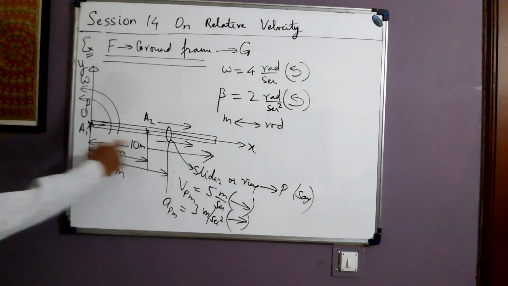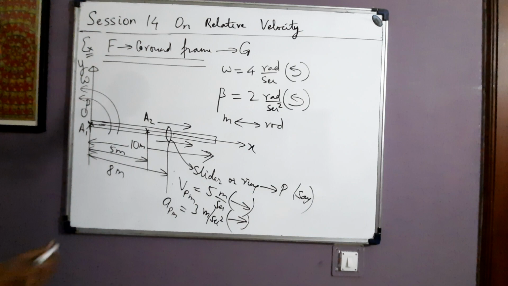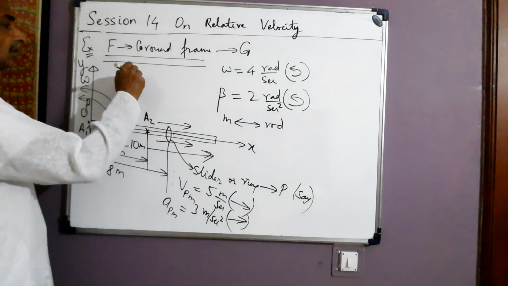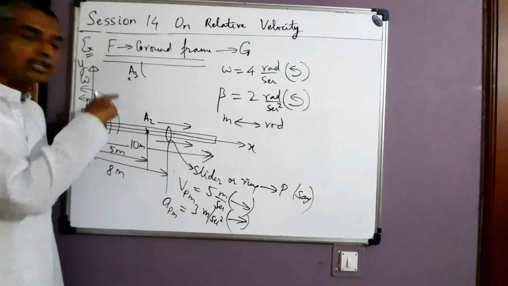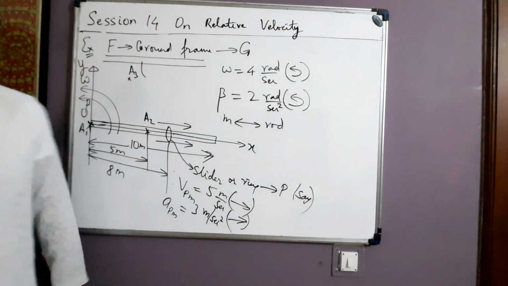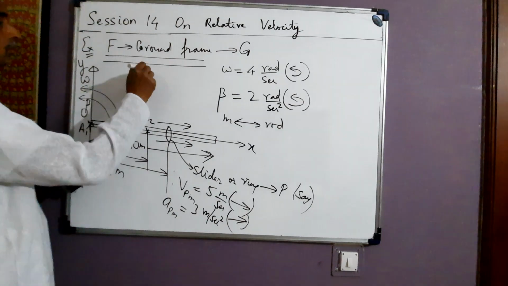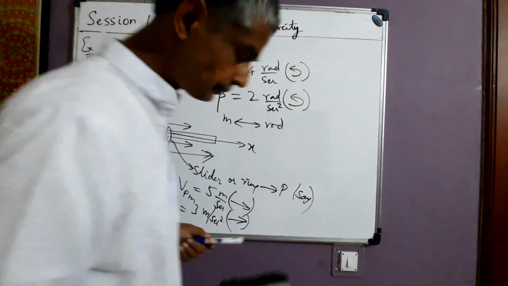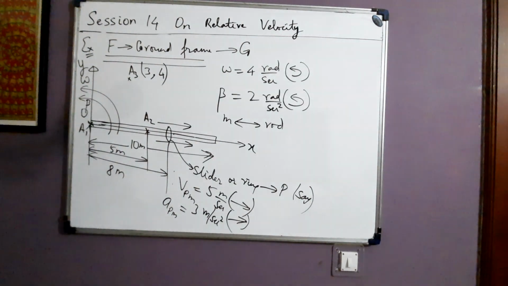This is 5 meters, this is 10 meters, and this is 8 meters. And A3 is some location which is imaginary location of rod. And coordinates of A3 are given to be 3, 4. Both are in SI units, meters. So this is the detail.